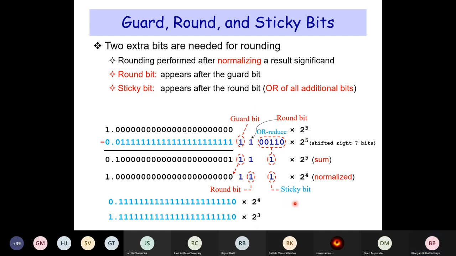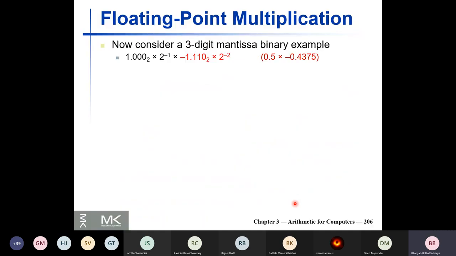All right. Now let us move into multiplication, and then we'll be done. Multiplication appears to be a little simpler than floating point addition, because as before, we have a 3-digit mantissa here, and this is the hidden one we have restored.